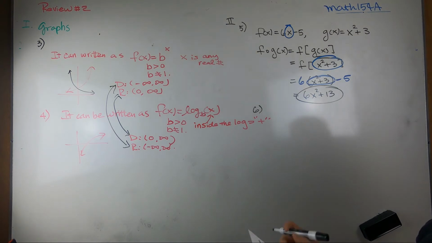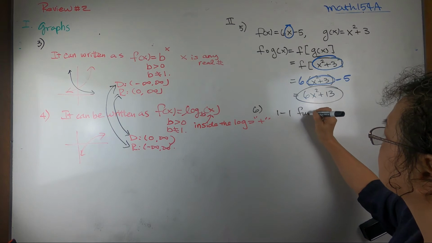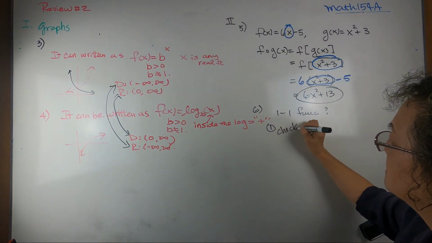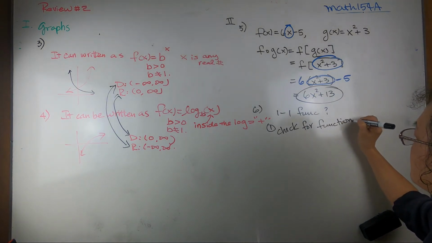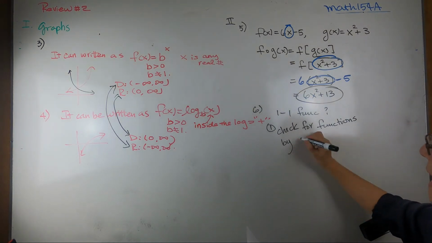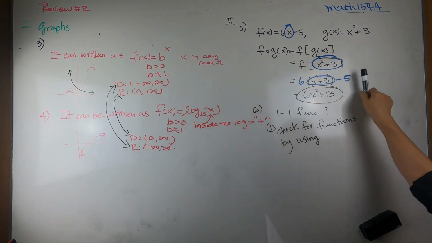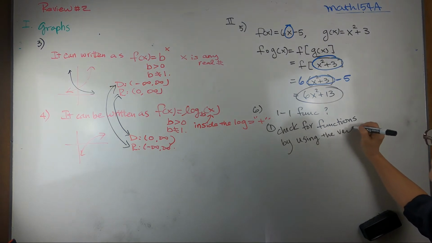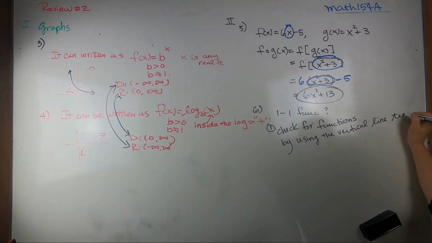So how do we tell the graph is a one-to-one function? First, you have to check for functions first. By doing what? Remember, check for function by using the vertical line test, right?